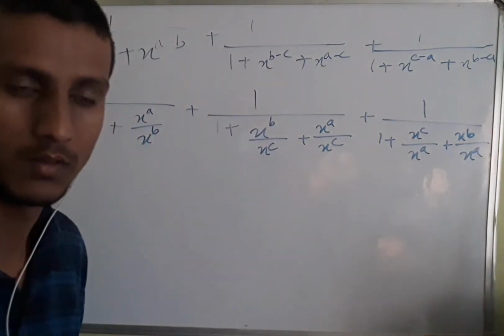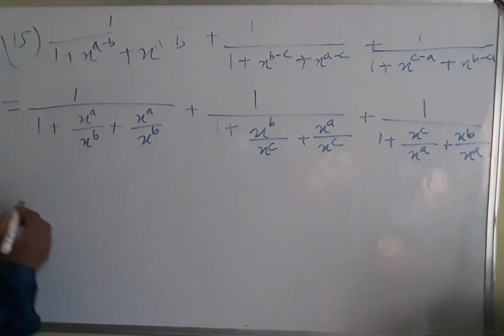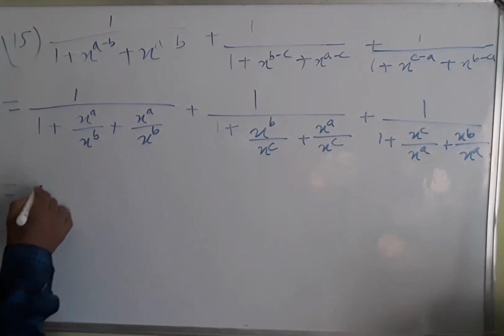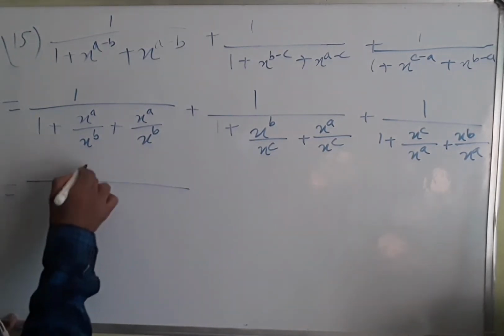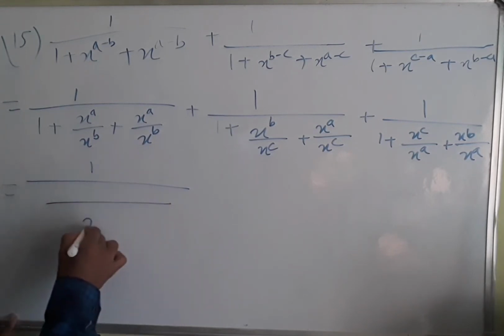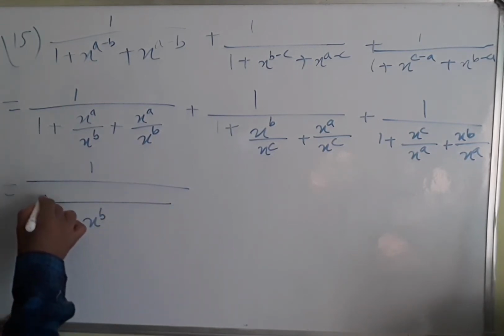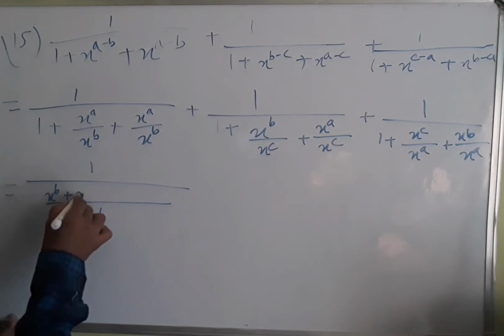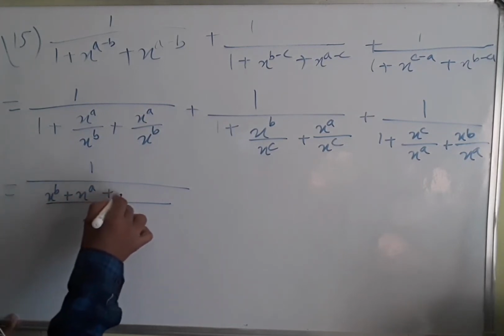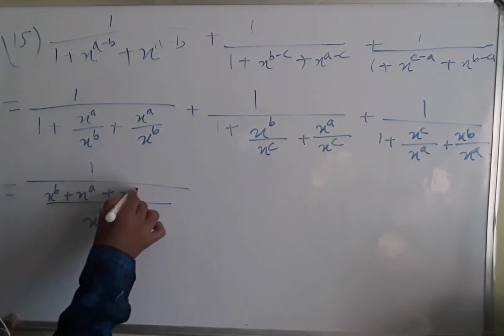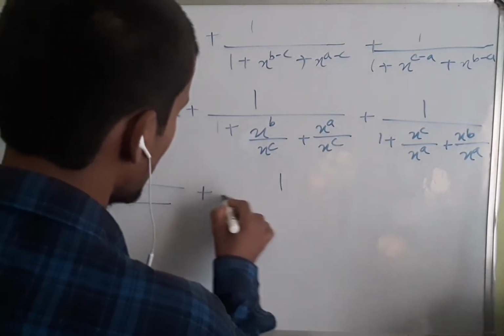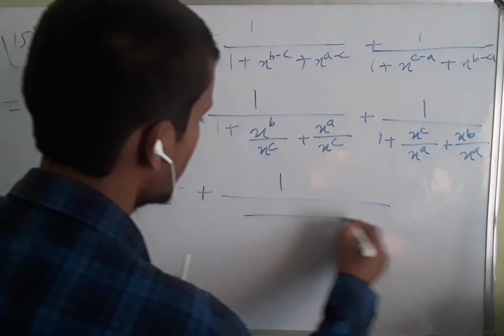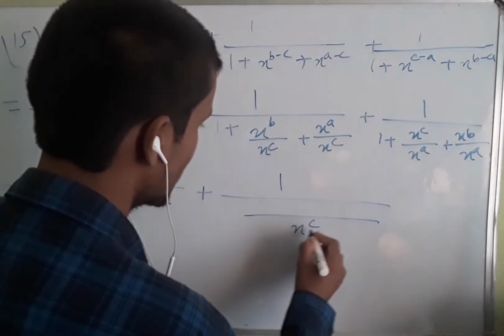Okay, now the next thing that we would want to do is 1 over will be there. It will be x to the power b plus x to the power a plus... we'd better just write x to the power 2a, but just for simplicity and for making this beginner friendly, I am exaggerating this a little bit.